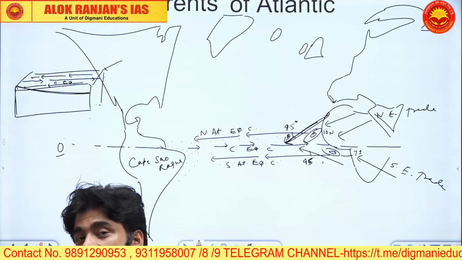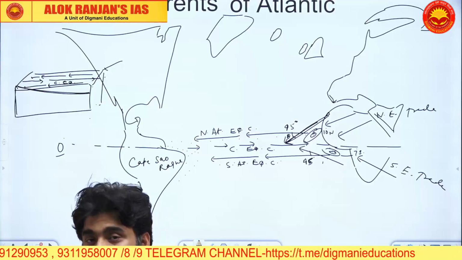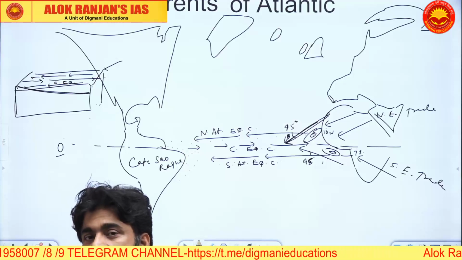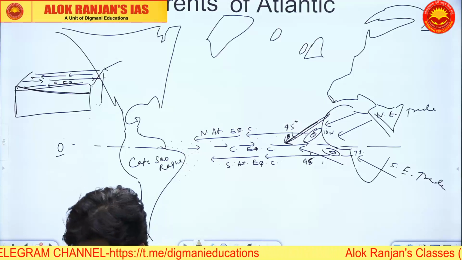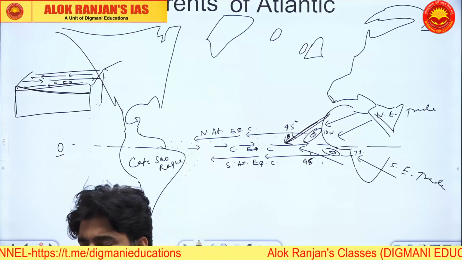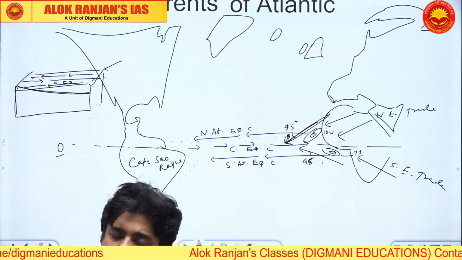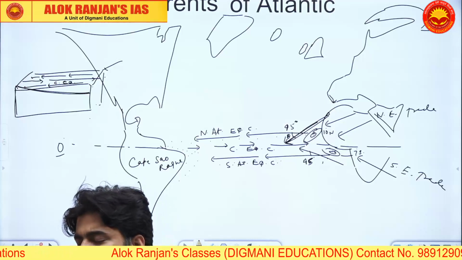Why these hot tropical deserts are created? Because the trade winds are offshore. So cold upwelling zones are associated with the hot tropical deserts.